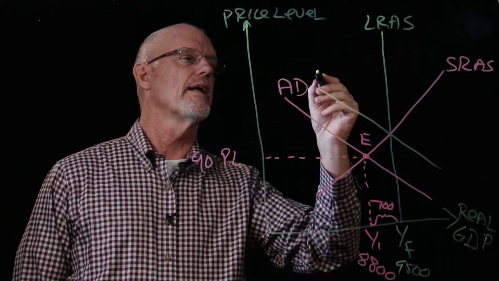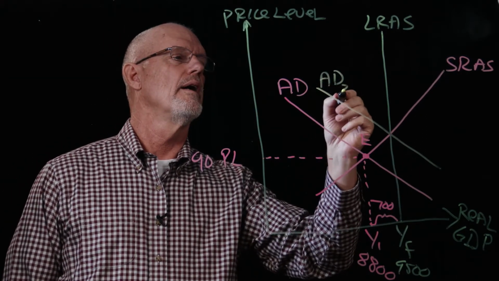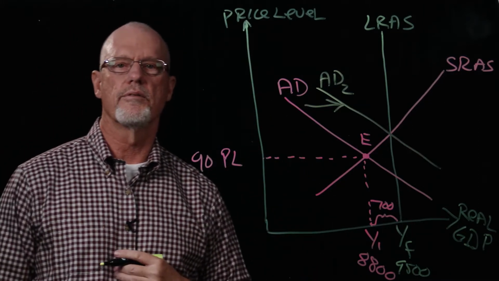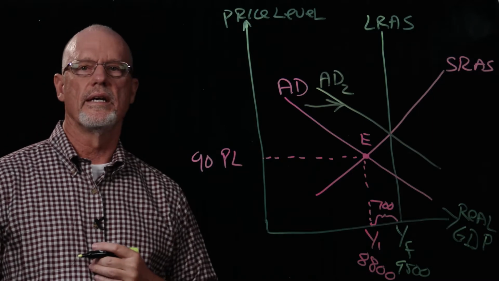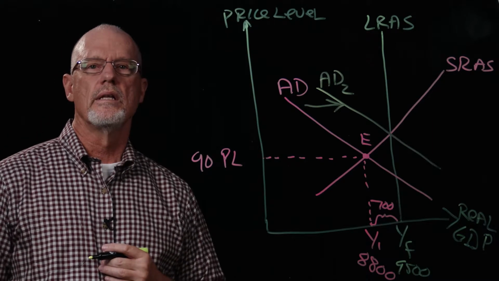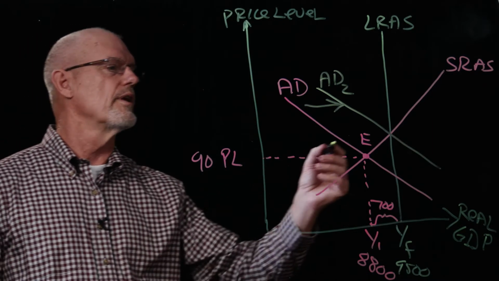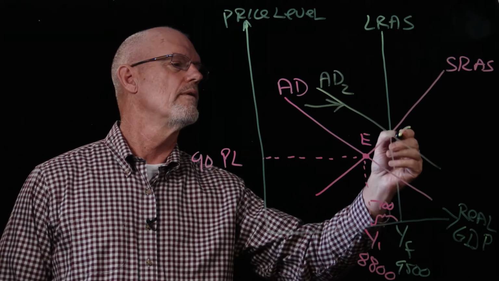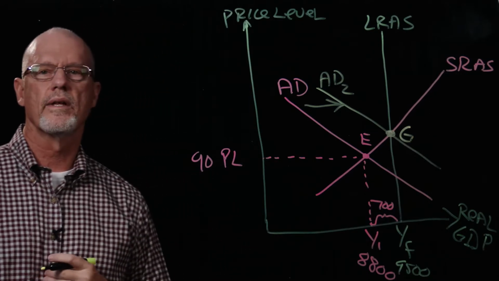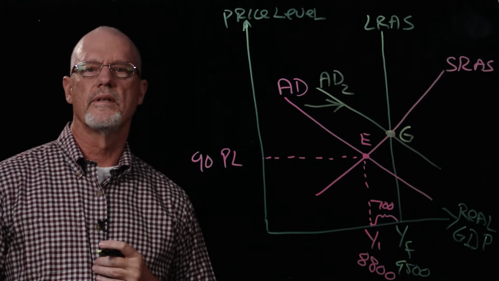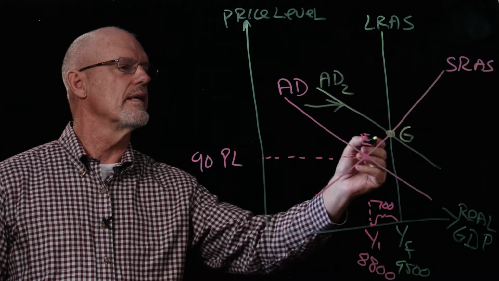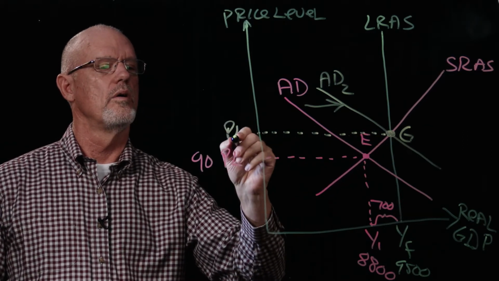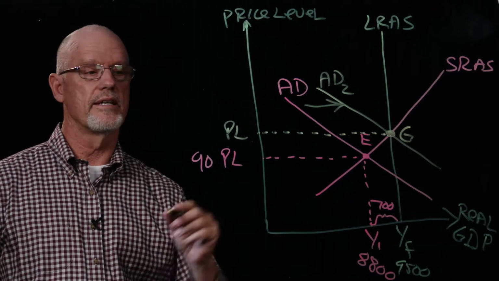So we will get a second aggregate demand curve, aggregate demand 2, and we would shift aggregate demand to the right, called an increase in aggregate demand. This will increase our short-run equilibrium to point G. But notice that the downside is we have an increase in the price level.